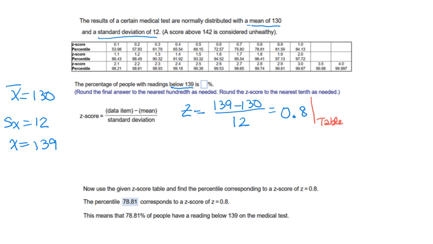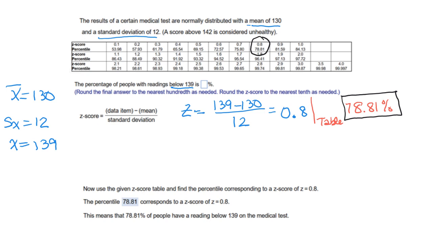We're going to look up 8/10, which is going to give us a result of 78.81%. And this would be our answer for the percentage of people with readings below 139.